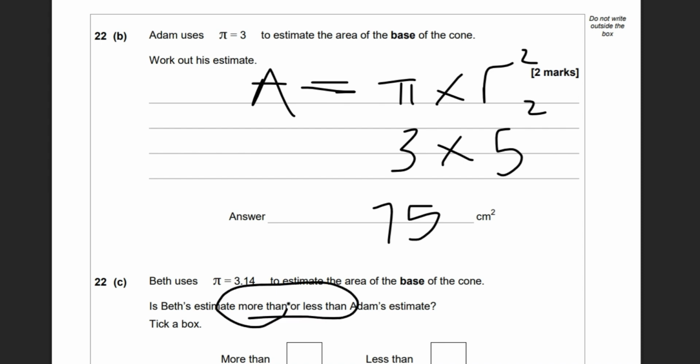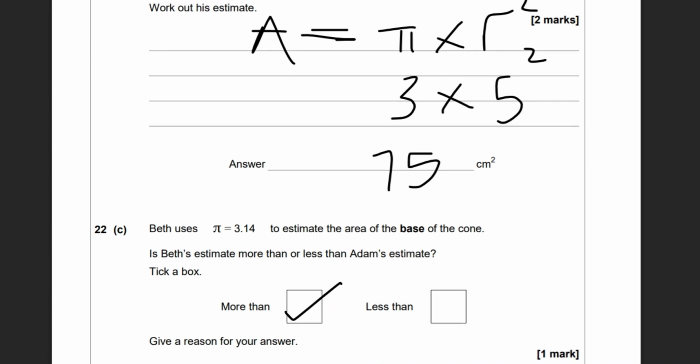I'm choosing this because when they ask if the estimate is more, the pi is bigger. 3.14 is bigger than 3. So by the time she uses it, it's going to be more. When your numbers are more, the values are multiplied to give you a bigger value. So pi is greater, so the answer is definitely.